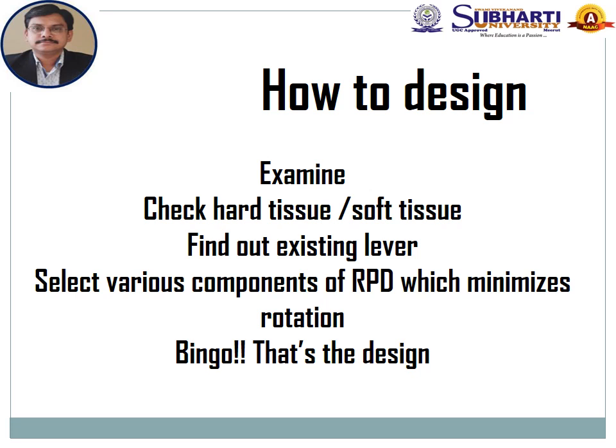If a class 1 lever is there, then change the design of your RPD or change the component of RPD in such a way that the class 1 lever gets converted into class 2 or class 3 by changing the position of either the resistance point, the effort point or the fulcrum point. Why is it important? To prevent the rotation, or to prevent the hazardous force which may occur due to rotation of RPD. And bingo, this is the design of RPD.